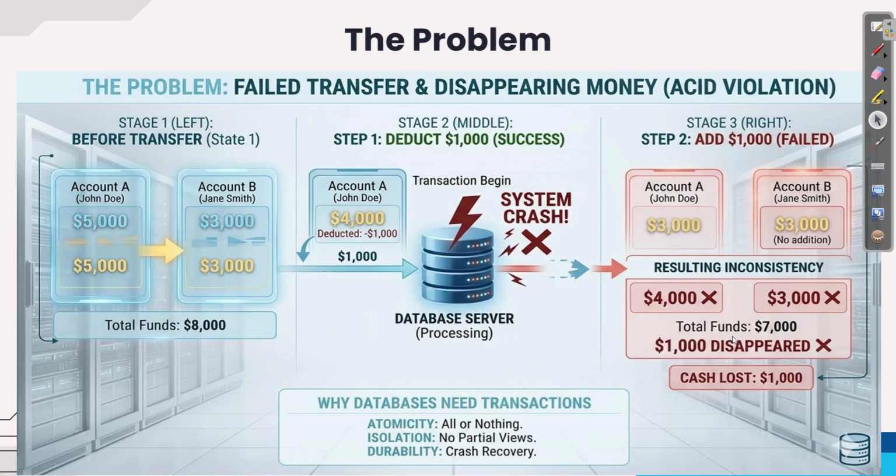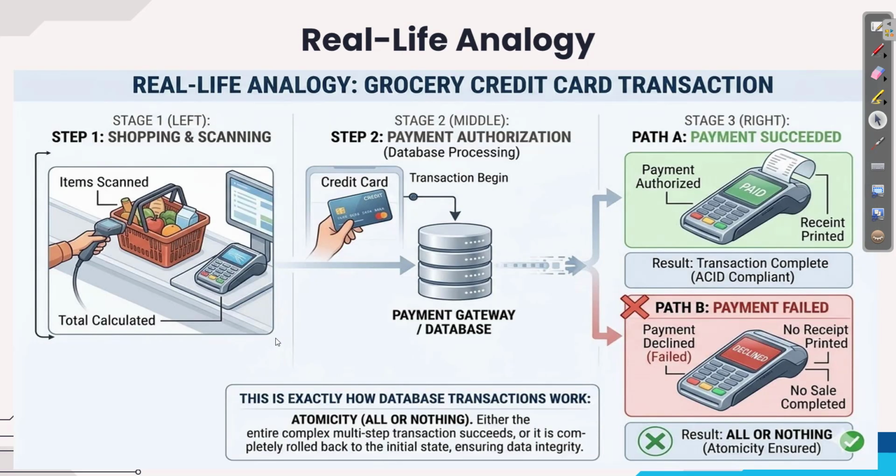Here you can see it is inconsistent. The transaction makes sure both operations succeed or both are rolled back. So total funds remain the same, $8,000, right? So this is the consistency. The database should be in a valid state.